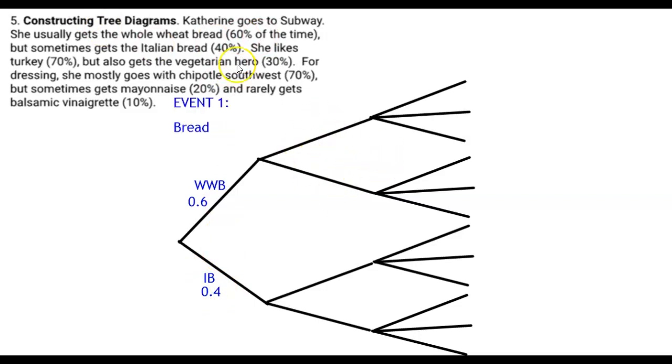Next, well, that first event was bread. The next event is choice of type of sub. It's either turkey or vegetarian, so it's going to look like this. So you should be able to see turkey and vegetarian. And notice that they're the same probabilities on top and bottom because it doesn't matter what type of bread, whether it's whole wheat bread or Italian bread, there's still the same probabilities of getting turkey or veg either way.